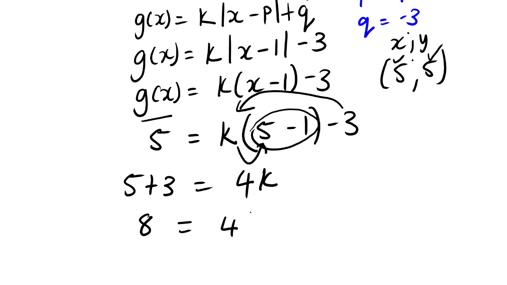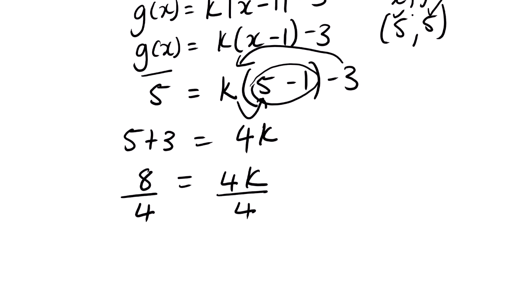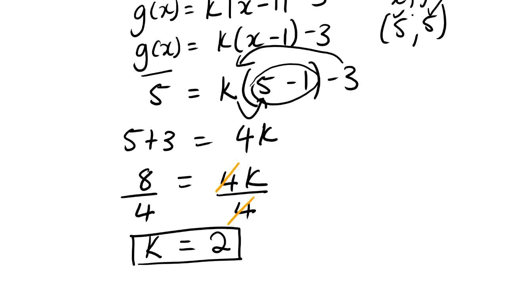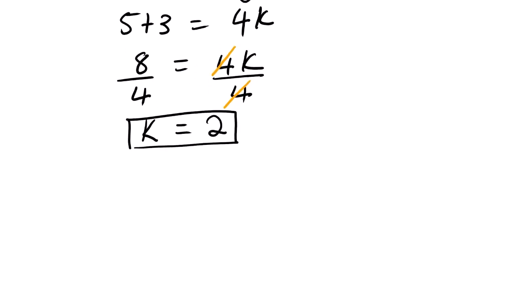And then we have 4k. Remember, we are solving for k, so we divide both sides by 4. This will result in 1 multiplied by k, it's k. And then 8 divided by 4 is 2. So this is the value of k. Then from here, the question is saying we must write down the equation.